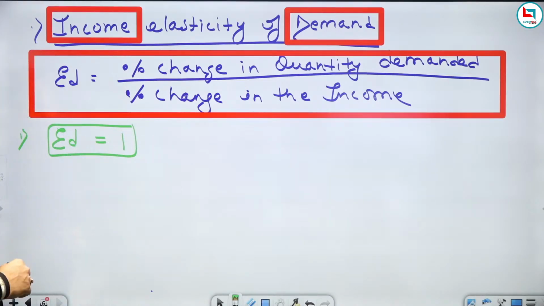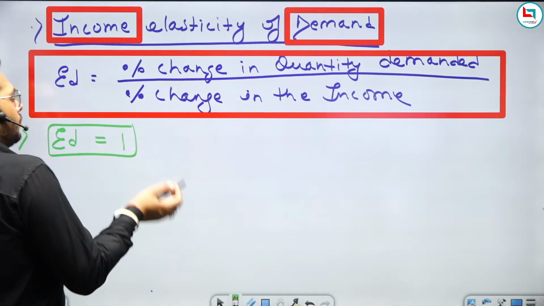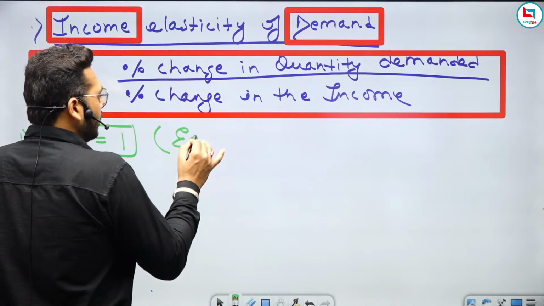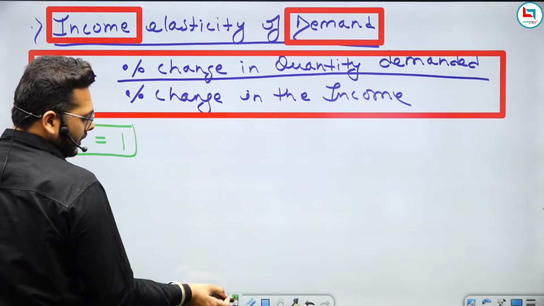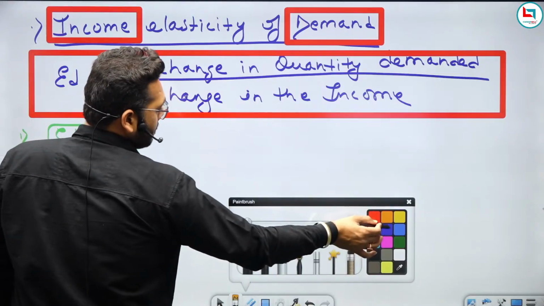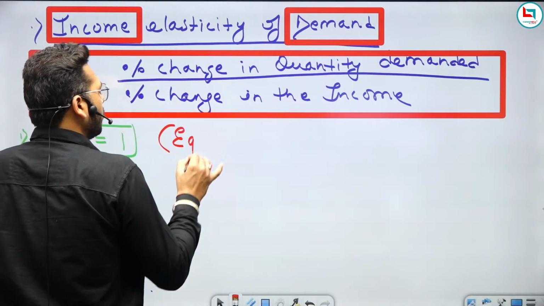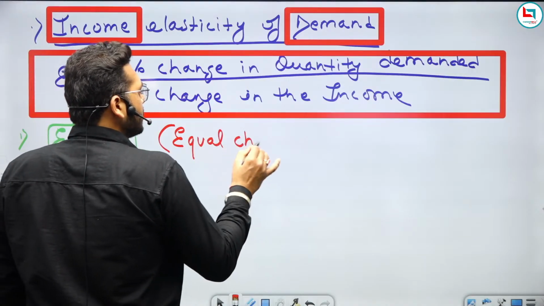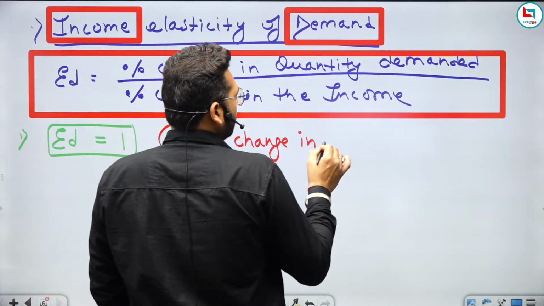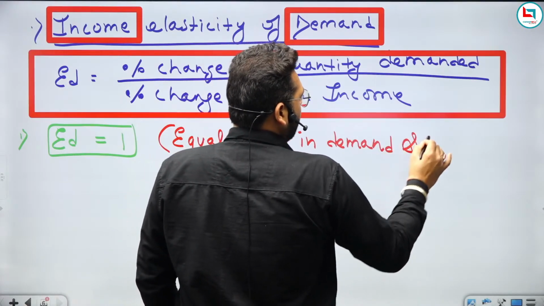What does Ed equals 1 mean? Equal change in demand and income.